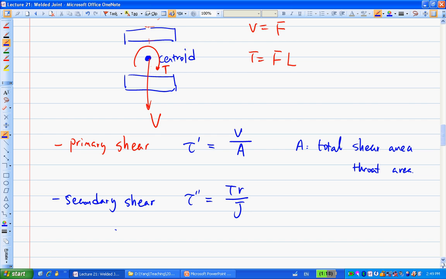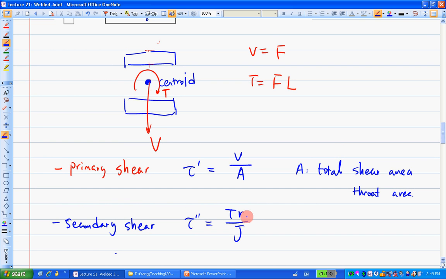It is still TR over J, but you can see now the R determines the value of tau double prime, because J will be the same. J refers to the polar moment of area of this weld group.